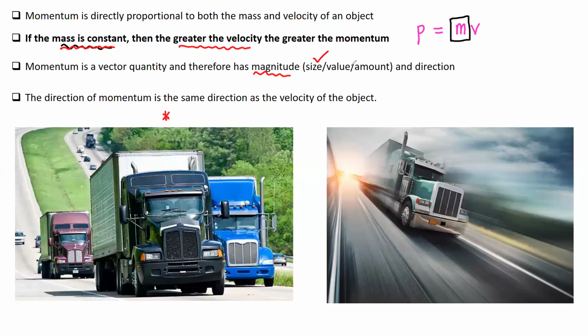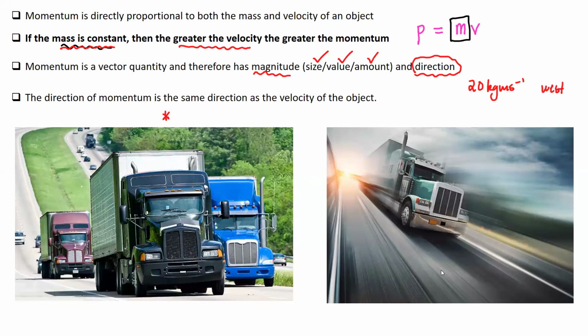Magnitude means the size, how big, the value, the amount, as well as direction. So when you write out momentum's answer, for an example, you could say 20 kilogram meters per second west.